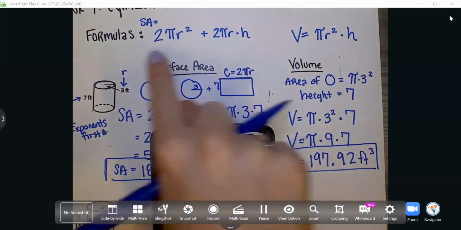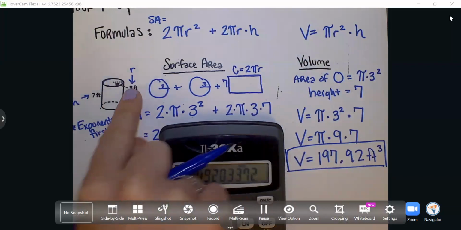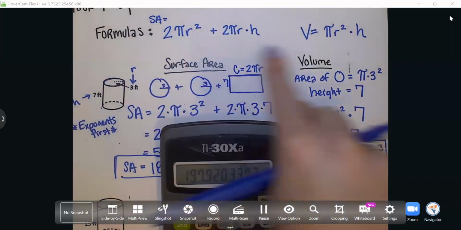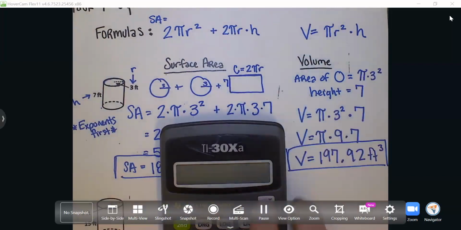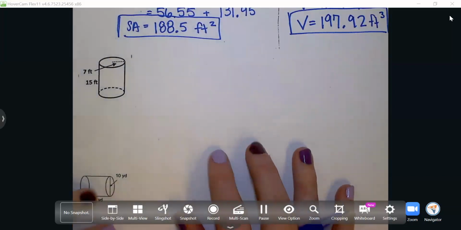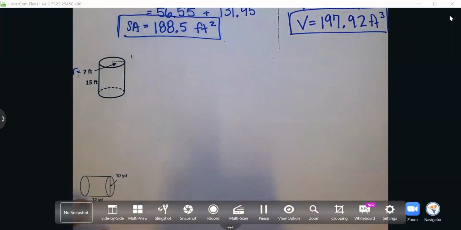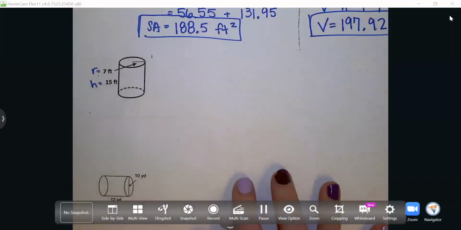So those two equations up at the top here are going to be super helpful. As long as I know my radius and my height, I can plug them into each equation. So let's do down here. My radius here is 7, and my height going up that cylinder is 15.